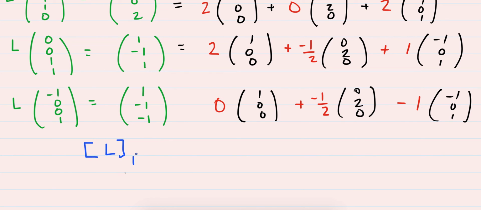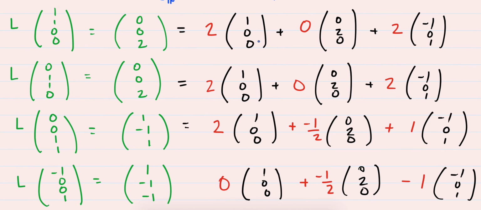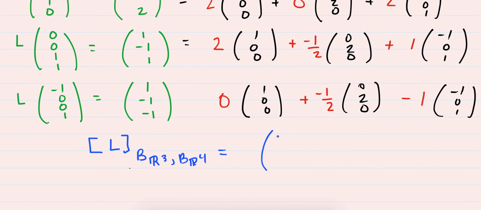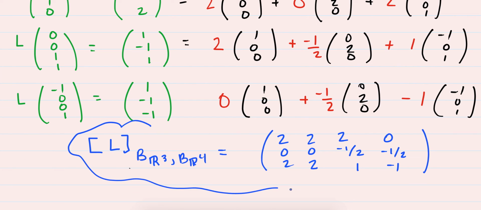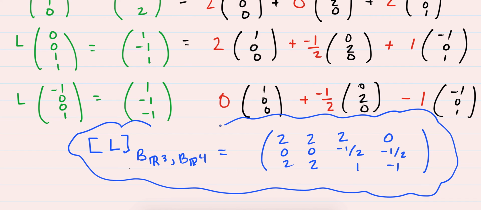L, in terms of these bases. Well, the first one is 2, 0, 2, then 2, 0, 2. The next one is 2, negative 1/2, 1, and then 0, negative 1/2, negative 1. And I found the matrix that represents the linear transformation in terms of these bases.